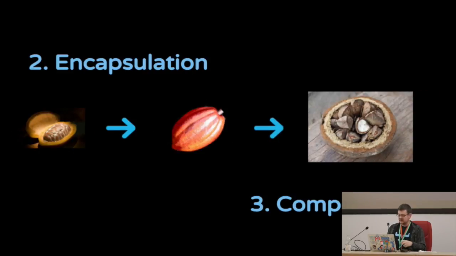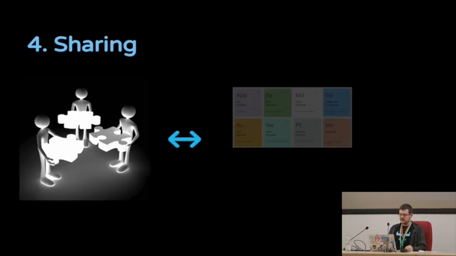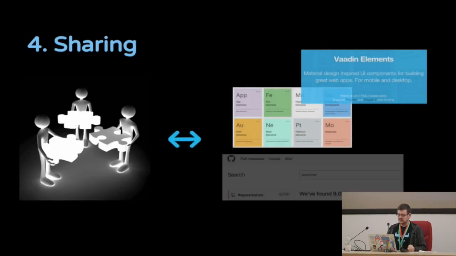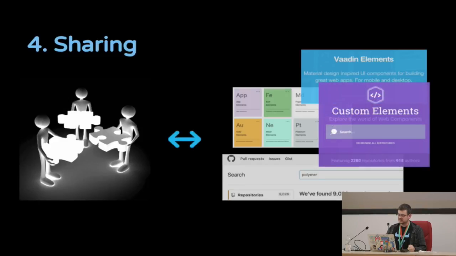But also you can take more web components and do composition with them and encapsulate everything in a bigger web component. And one of the main keys in web components is sharing. There are many websites where you can find web components.